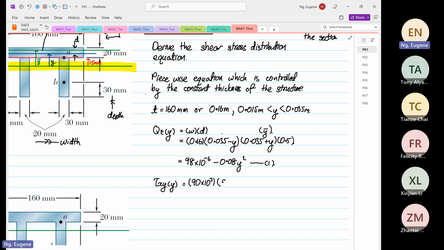The Q is 98 times 10 to the power minus 6 minus 0.08 y squared. Then you have the second moment of area, which is 5.8133 times 10 to the power minus 6, and then our thickness is 0.16.